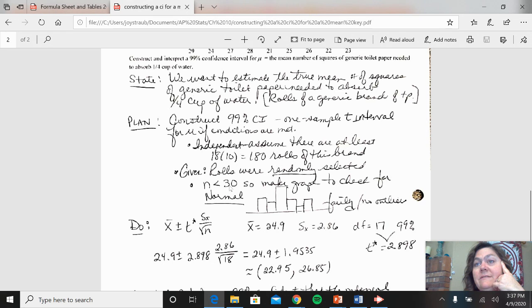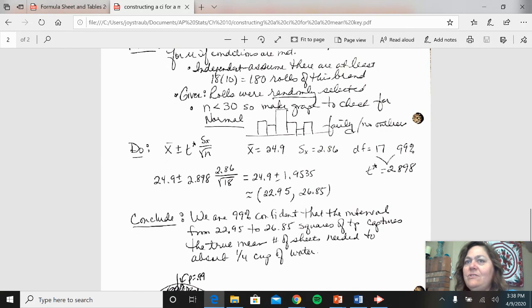Then n is less than 30, so for normality we had to make a graph. Here's a sketch of my histogram, and I put it's fairly normal and there are no outliers, so I'm going to go ahead and proceed. Independence, 10n: 180 would be definitely fine, there's at least 180 rolls of this brand out there. Or maybe not, the way things are now.